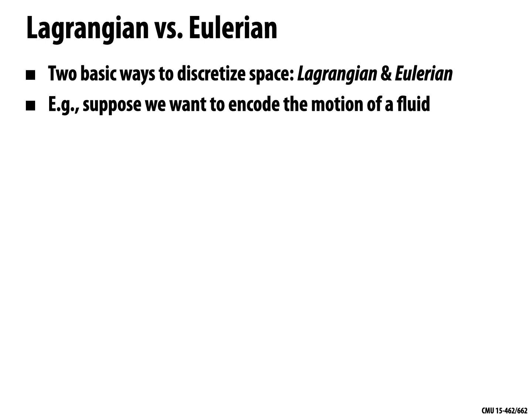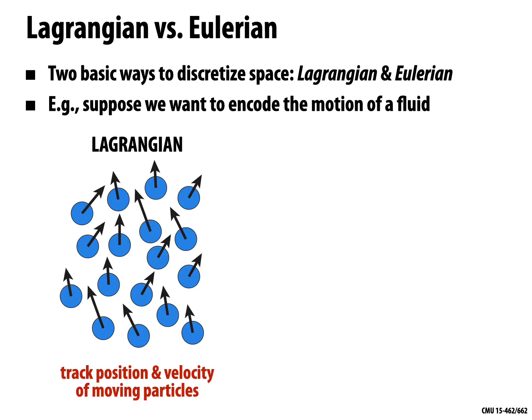Like we just saw on the previous slide. The Lagrangian description, the Lagrangian view of the world, is that I have particles. Maybe I can imagine they're almost like little water particles, and I'm going to track their location in space over time. I'm going to follow them along and see where they go.